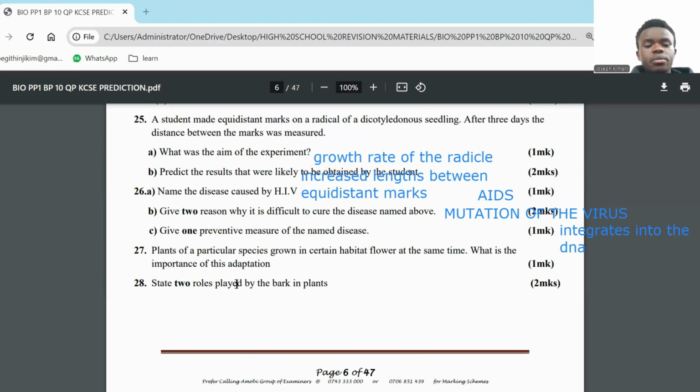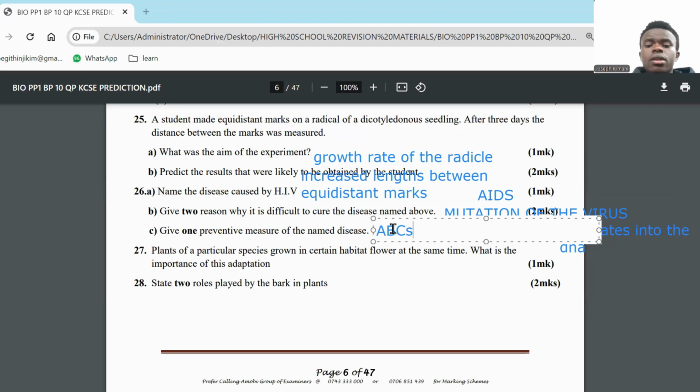Now we go to the next question. Give one preventive measure of the disease. There are several preventive measures. We can talk of ABCs. There's this acronym used called ABCs.